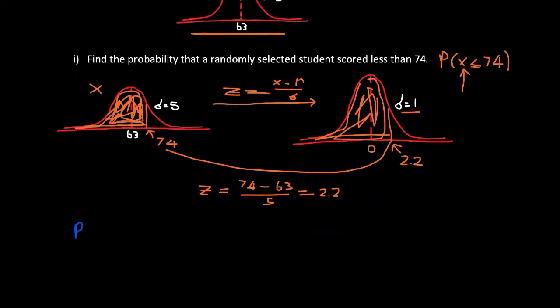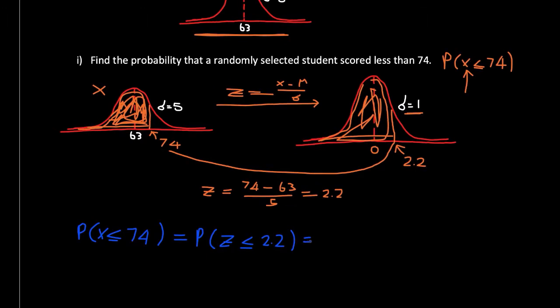We were looking for the probability x less than or equal to 74. Now I convert this into the standard normal, so the probability z less than or equal to 2.2. Okay, now we have z, which is standard normal.